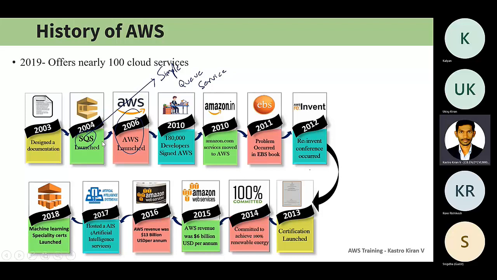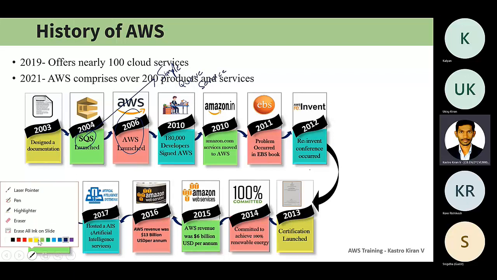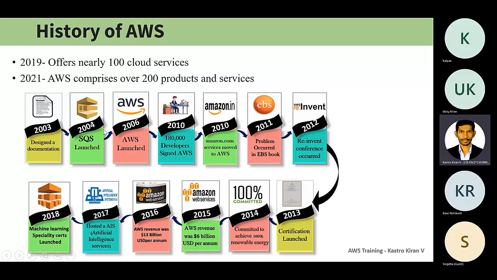By the end of 2019, AWS provided almost 100 cloud services. By the end of 2021, it was 200. But as of now, it offers more than 250 services in the cloud.